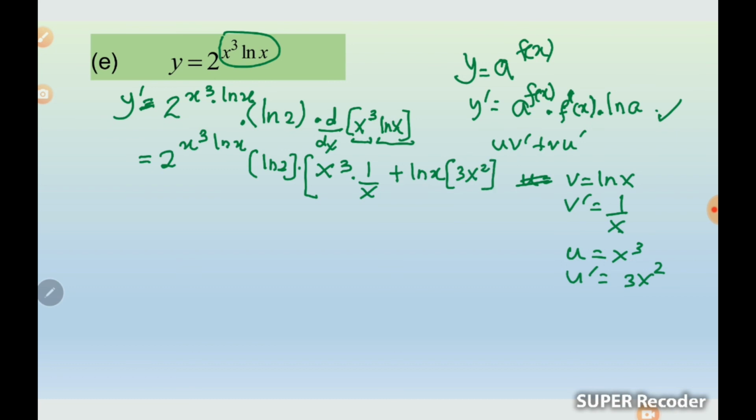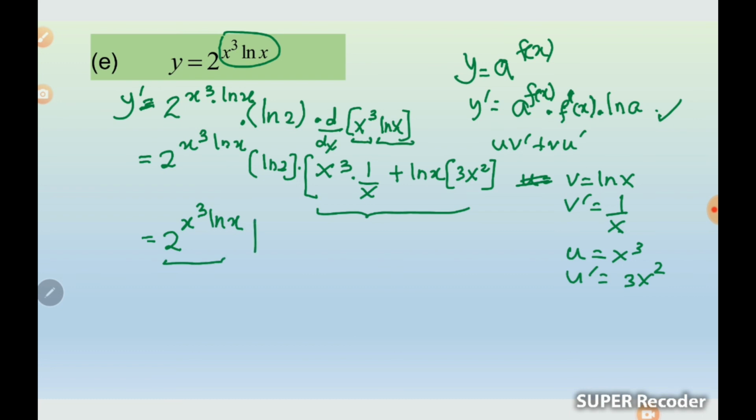Okay, so this is actually the answer, but you have to simplify this one first. So the answer is 2 to the power of x cubed ln x multiplied with ln 2, first term.